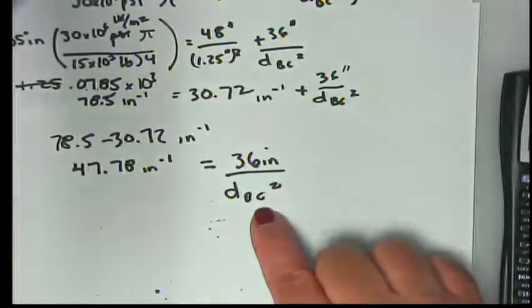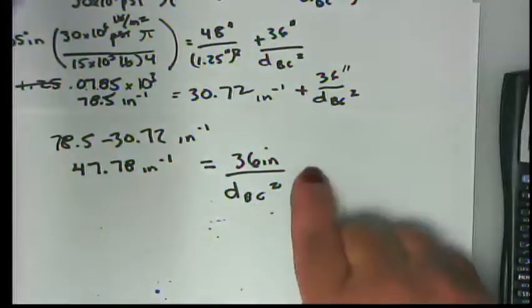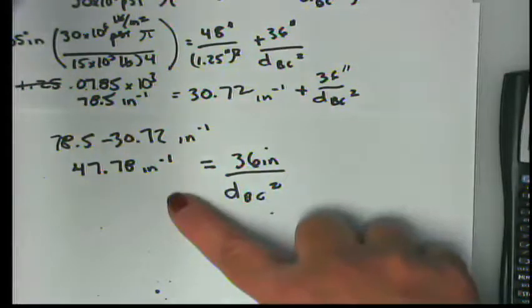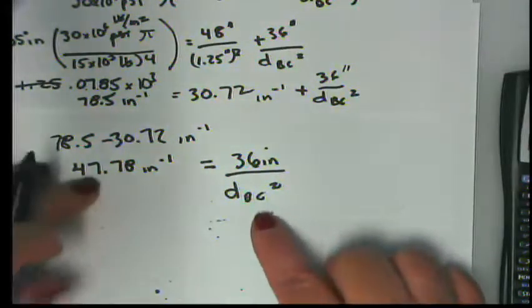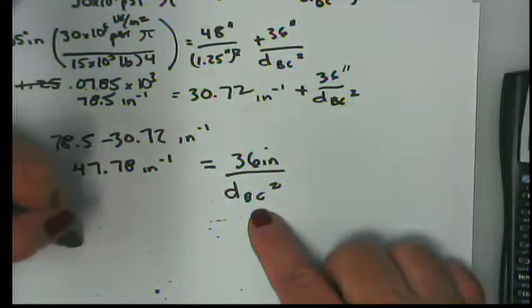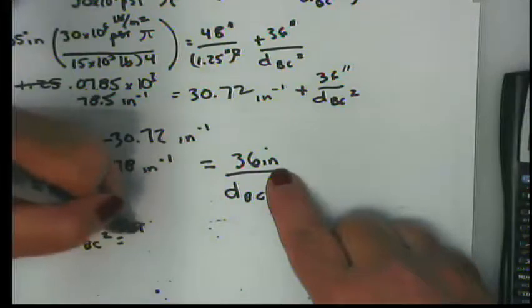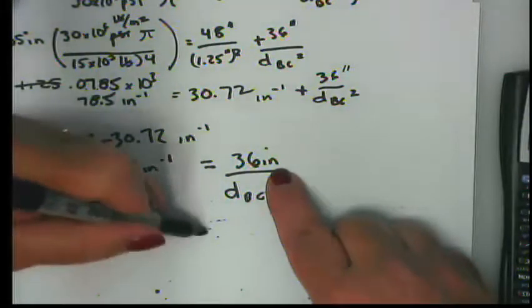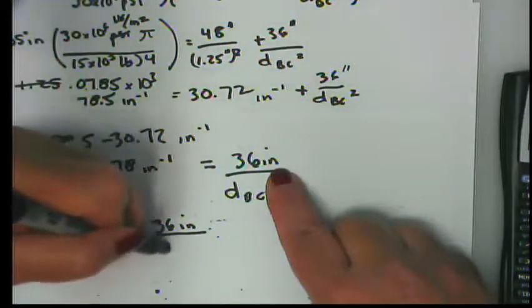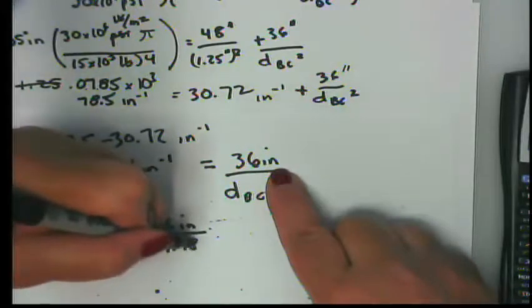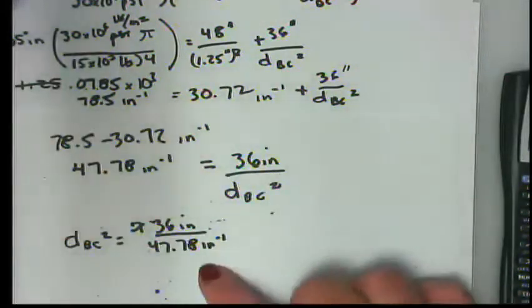Okay, now this is much more solvable, right? I can multiply both sides through by dBC squared and divide through by this, and I get dBC squared equals 36 inches divided by 47.78 inches to the negative 1.